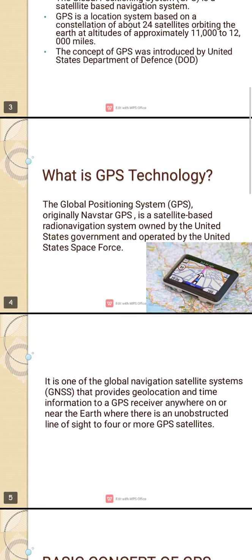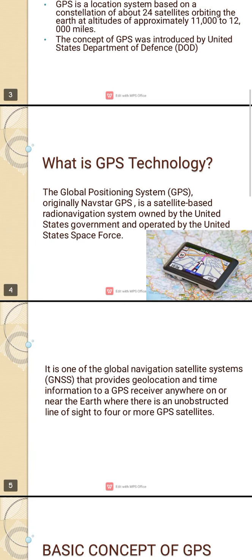Now we can see about what is GPS technology. GPS, originally Navstar GPS, is a satellite based radio navigation system owned by the United States government and operated by the United States Space Force.